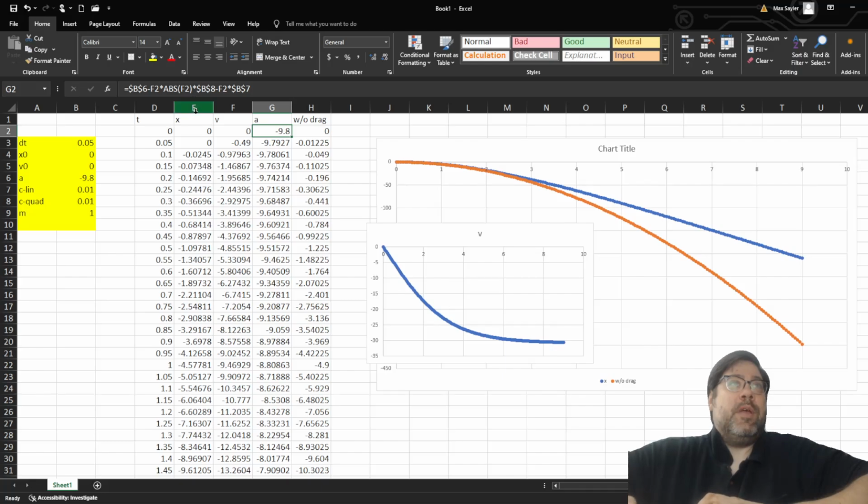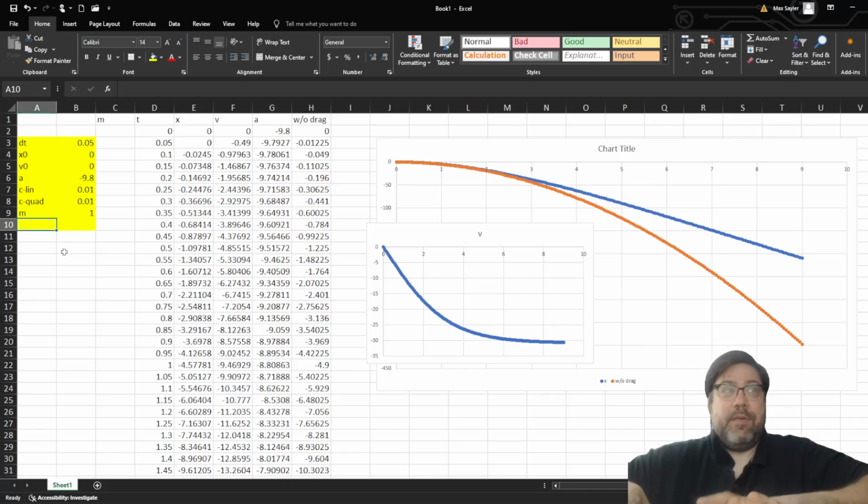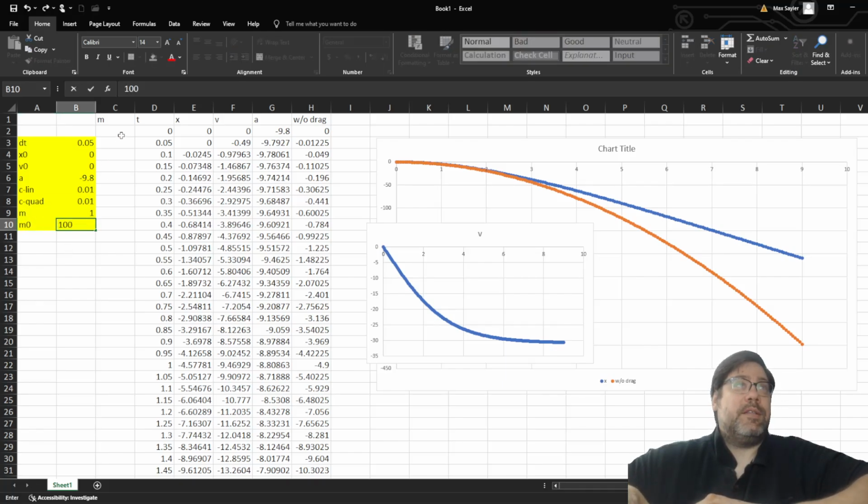So it's no problem here to also do the rocket problem, and I encourage you to do this for yourself. You can also have the mass as a function of time. So I could have m0 equals 100, and then this would equal the previous one minus, let's say, alpha times delta t.